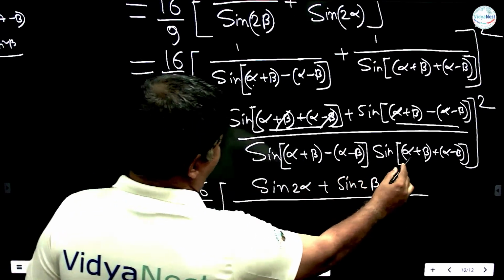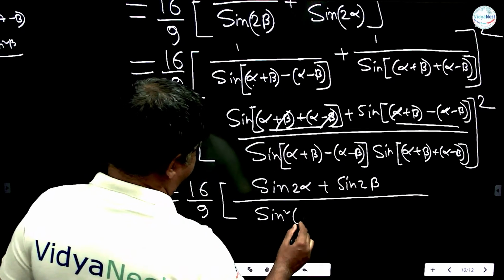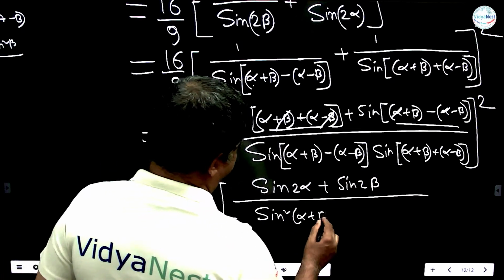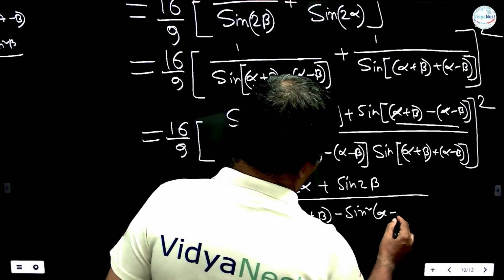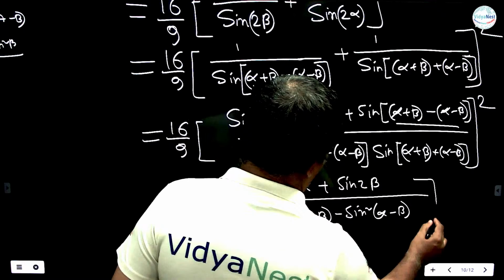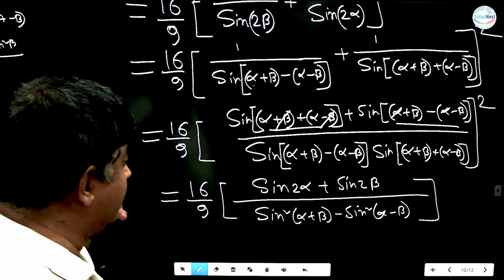Sine A minus B, sine A plus B. Now we are in the position to conclude the sum.